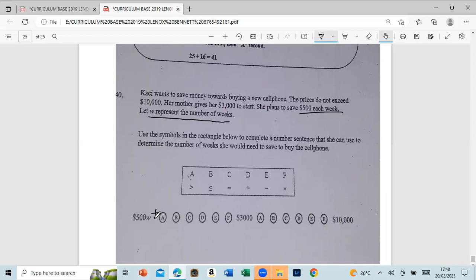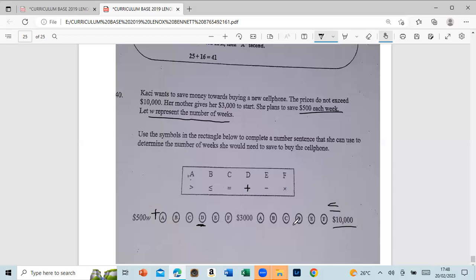So if I have 10 weeks, whatever you save will be multiplied by 500. So I will choose plus first, and that represents which letter? Oh, I think that's D. This is the plus. It looks like a division. So that's D first, right? And then this, it should not exceed this. So it's going to be less than or equal.